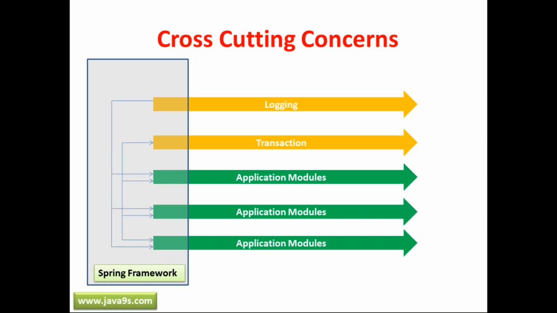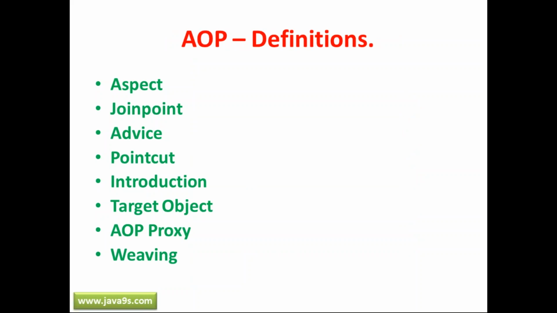Okay. Then we have seen the AOP definitions, the very important definitions like aspects, join point, advice, and point cut. These are the four important keywords or key definitions which are really important for us to develop AOP applications, if you want to implement or set up the AOP configuration.